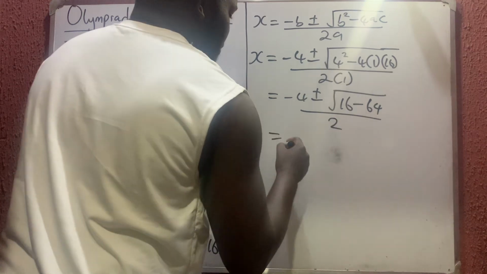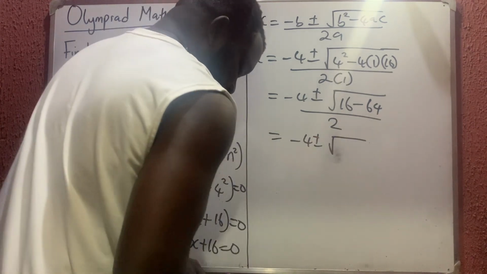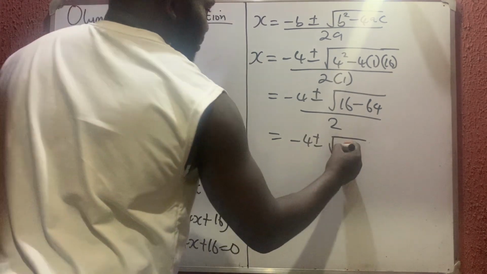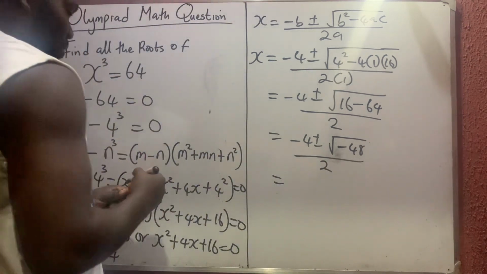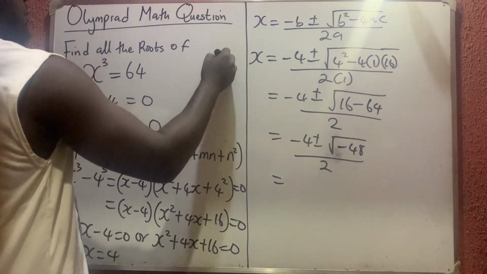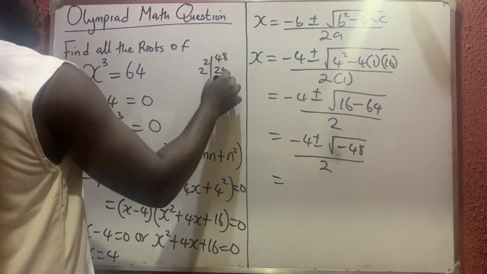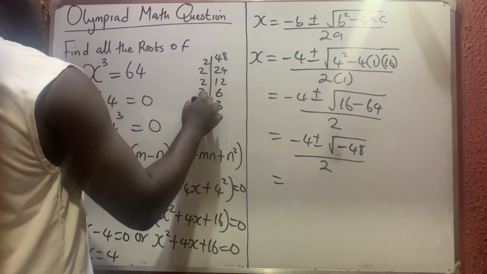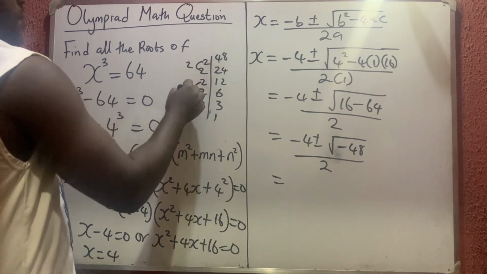So I'm going to have minus 4 plus or minus the square root of minus 48, all over 2. If I check 48, 2 divides 24, 2 divides 12, 2 divides 6, 2 divides 3, 3 divides 1. So that is 4 root 3.